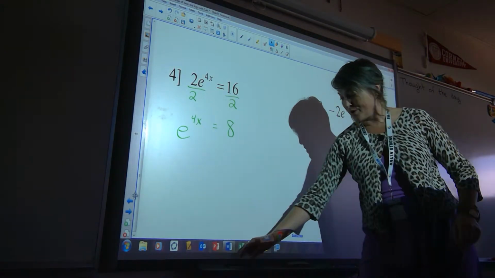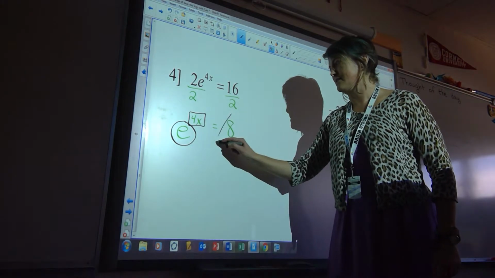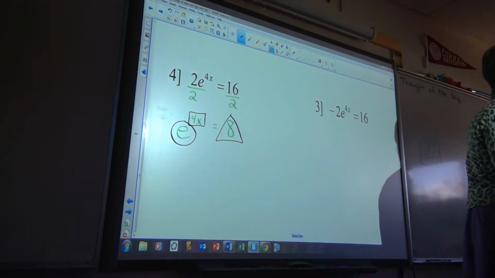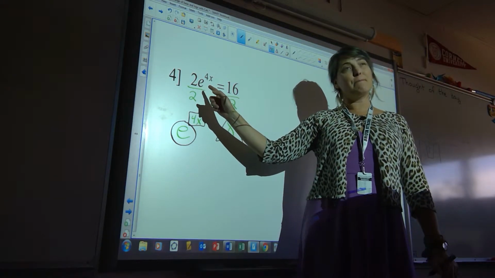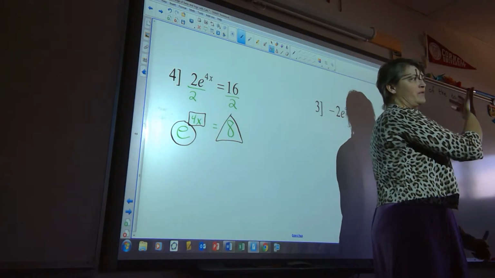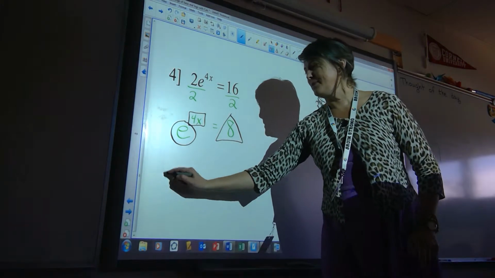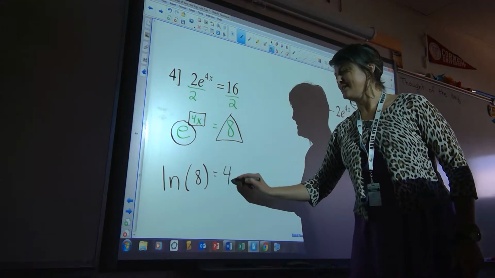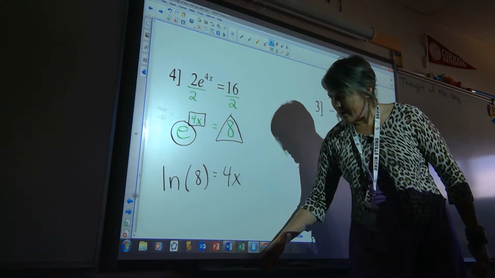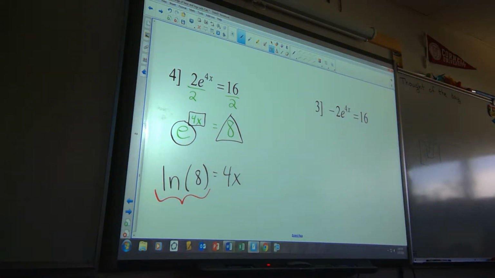Now you have your three pieces. We've got this piece, and this piece, and we can rewrite it as a log. But anytime you have a coefficient on your base number, you do want to divide that over, even if it's like a -1 or something. So then this would be natural log of 8 equals 4x. And then you would reach for your calculator and figure out what that is, and then divide by 4.